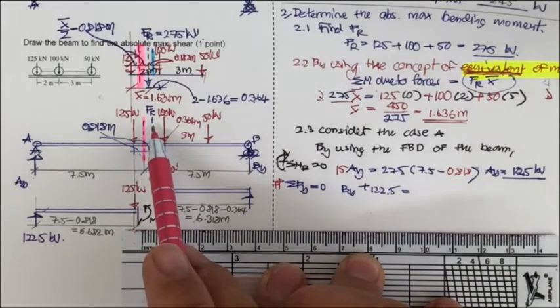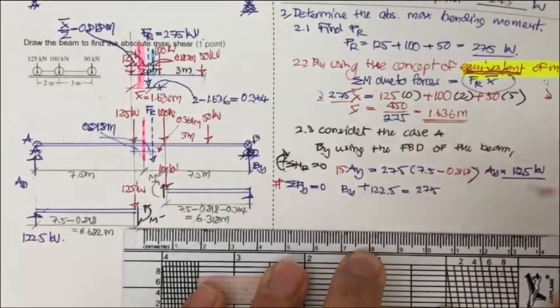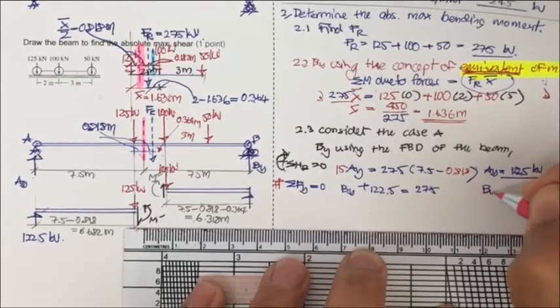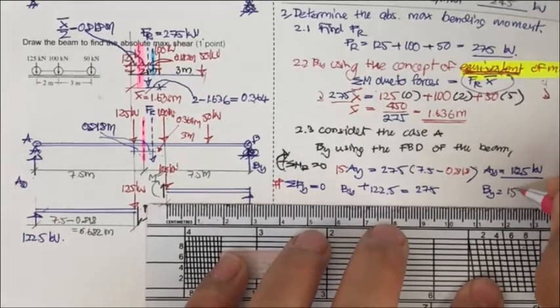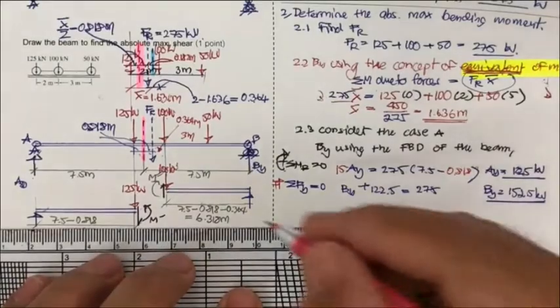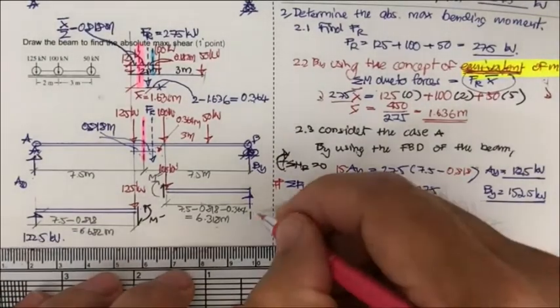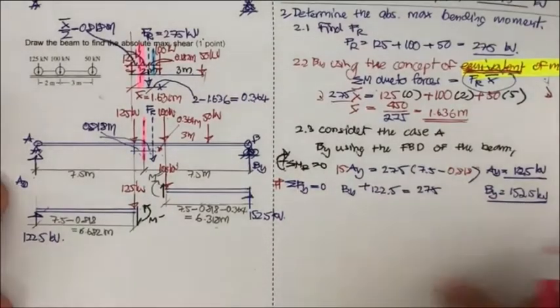You may use the resultant force, and you cannot use both. That is going to be 275. We're going to have the B sub y equal to 152.5 kilonewton. Normally we didn't do this.